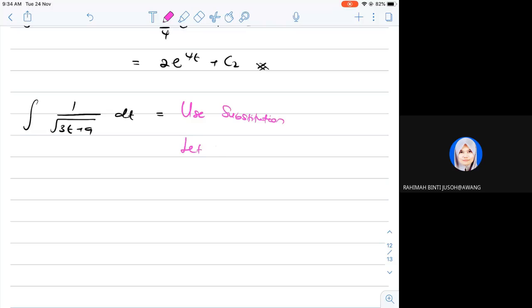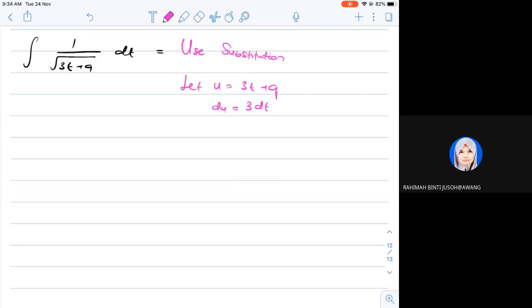We let u equal 3t plus 9. Then we differentiate u, and we will get 3 dt, since 9 is just a constant, so we get 0. Therefore, dt is equivalent to du over 3.